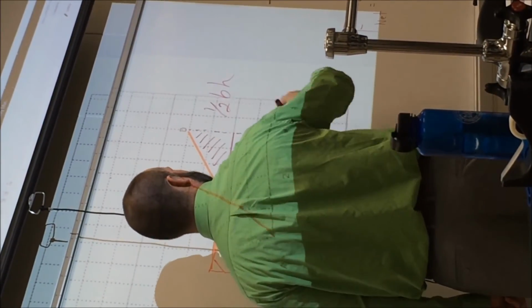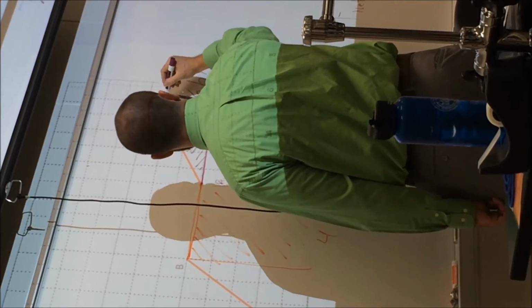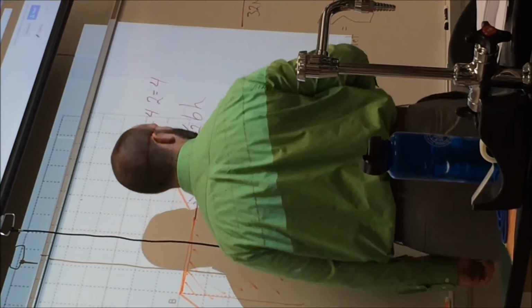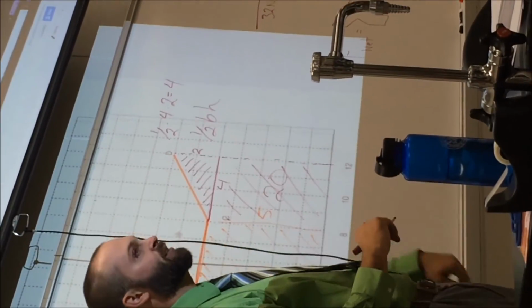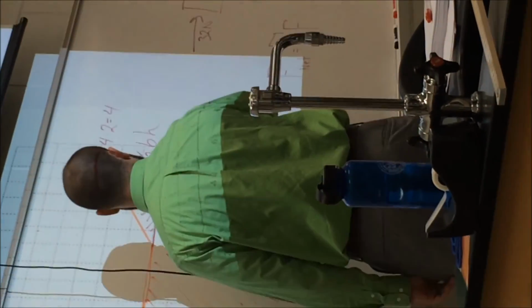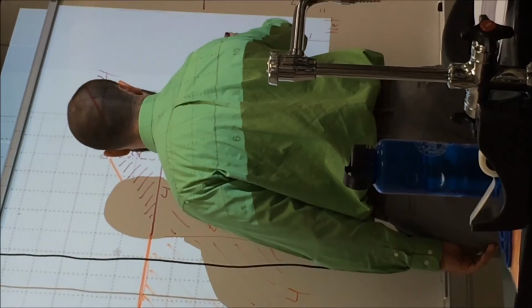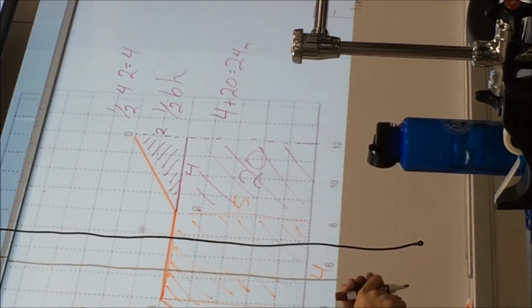What's my height? 2. So my area here would be 1/2 times 4 times 2, which would be 4. So the distance I travel here would be that plus this. So between points C and D, I travel 24 meters.